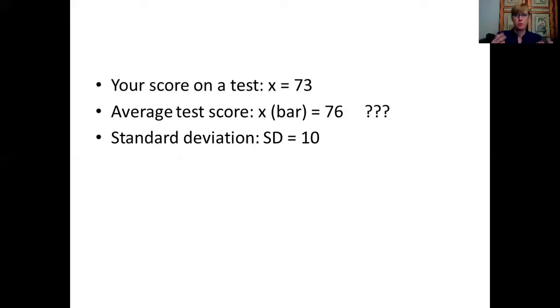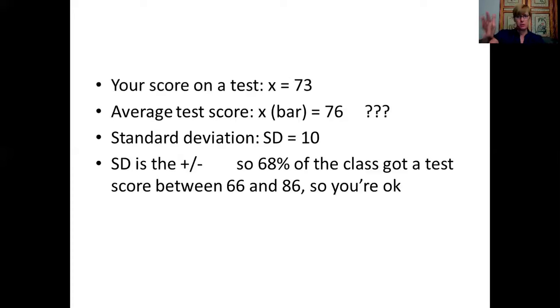It's like, well, the average score was 76, plus or minus 10. What that means is 68% of the class scored between a 66 and an 86, right? Between 66 and 86, you know, big, huge chunk of the class, almost 70%, but it's 68% of the class would have gotten between that.